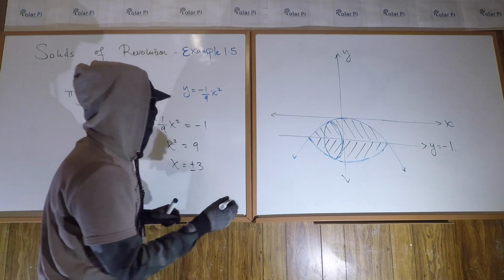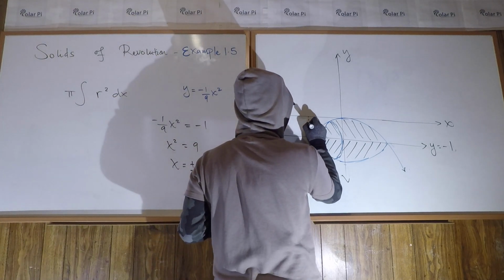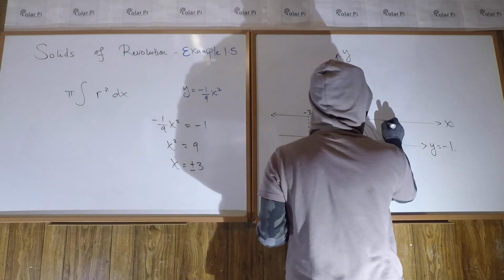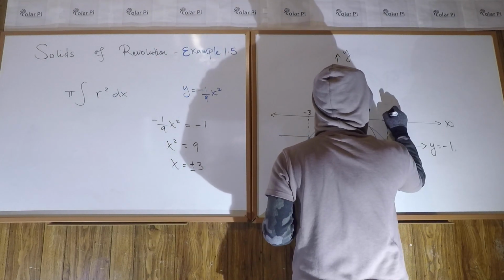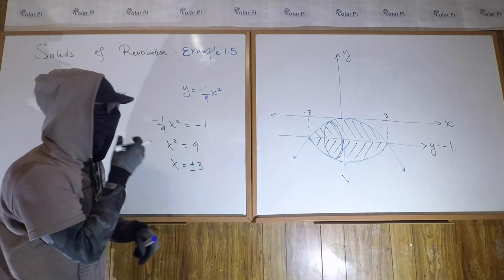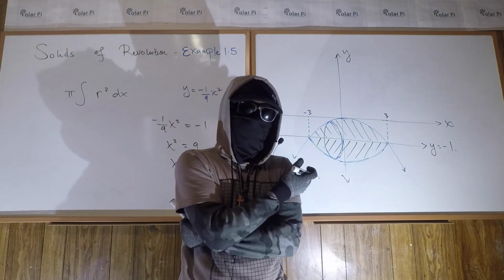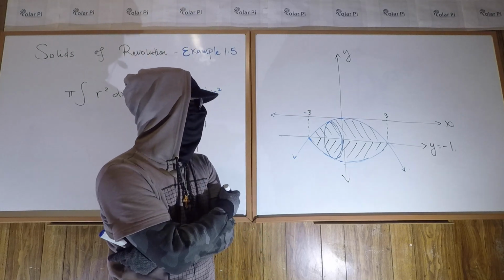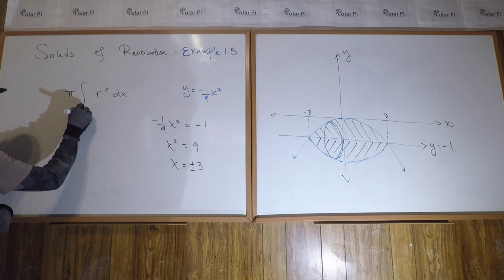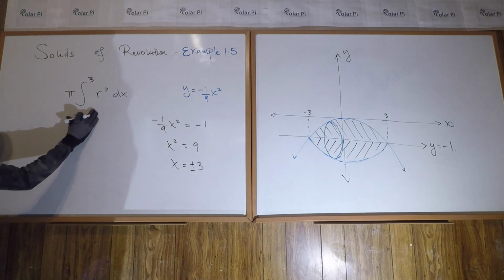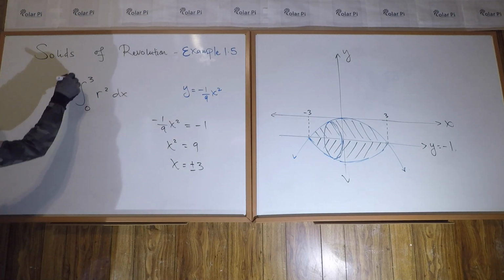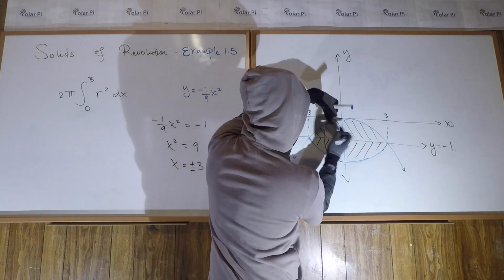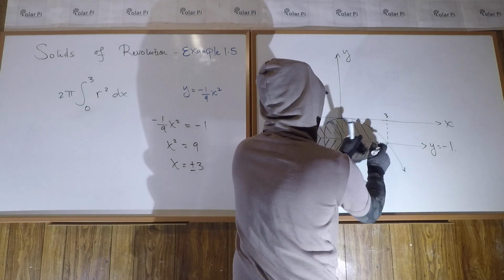So this right here is -3, and this here, the x coordinate, is +3. Now, do you reckon, like I do, because I'm observant, that instead of going from -3 to 3, I could just go from 0 to 3 and double it, because our solid's volume on this part is identical to the volume on that part.